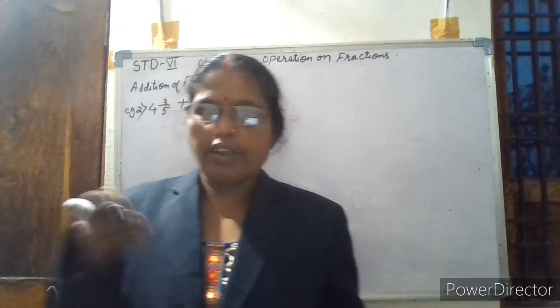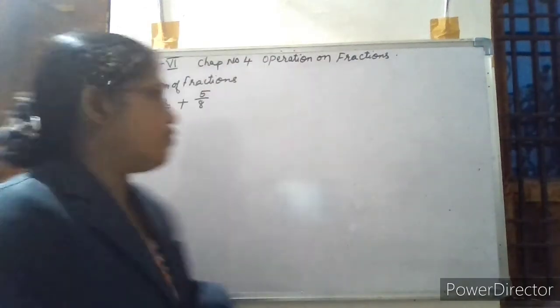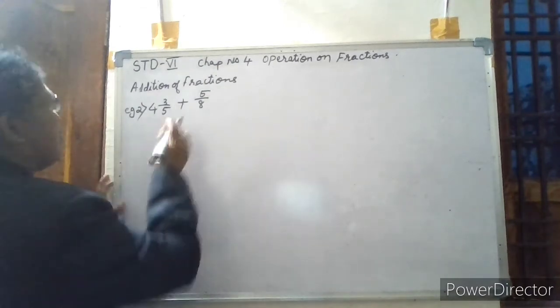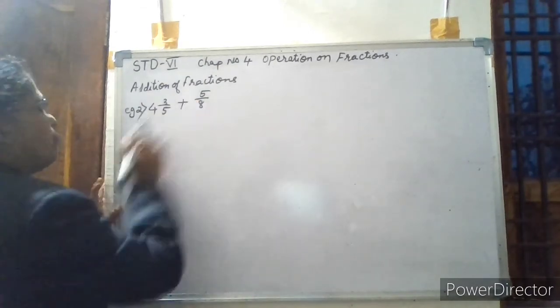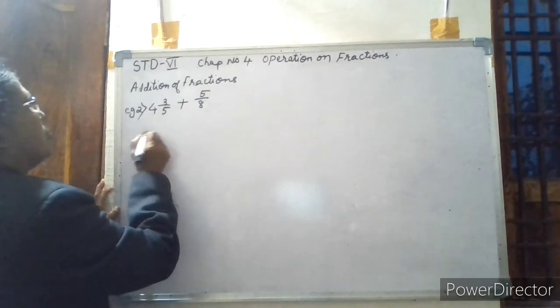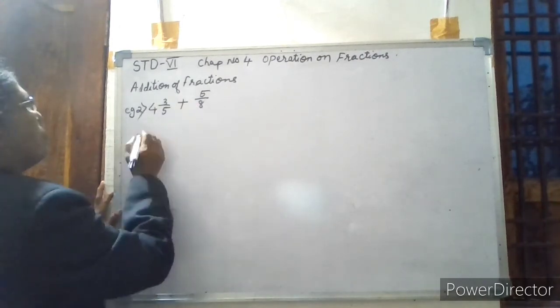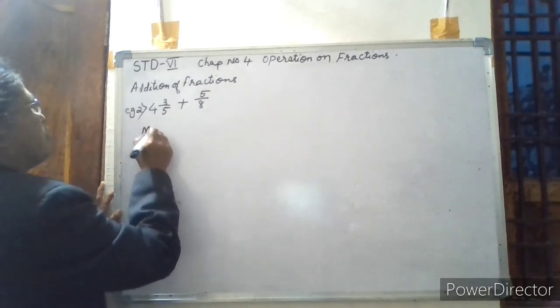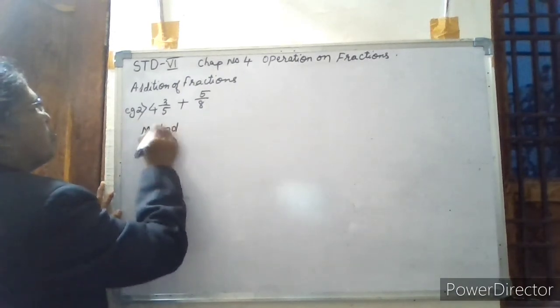Second example of addition of fractions. Now see, here in this example I have not taken any coefficient, so whole number is not there. Method 1.